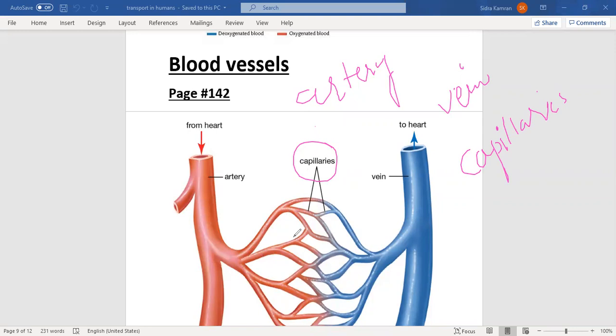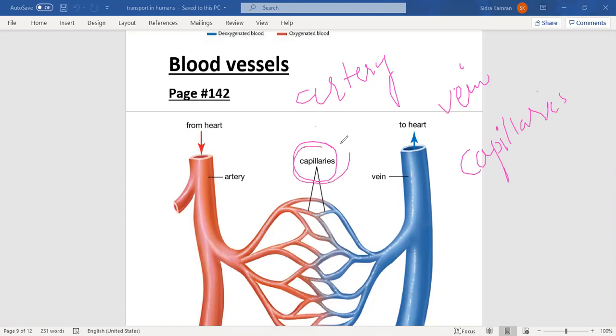As we know, the body cells are surrounded by the capillaries. So these capillaries, which contain food and water, help to diffuse food and water into the cells of the body, and the waste from the cells moves towards the capillaries.